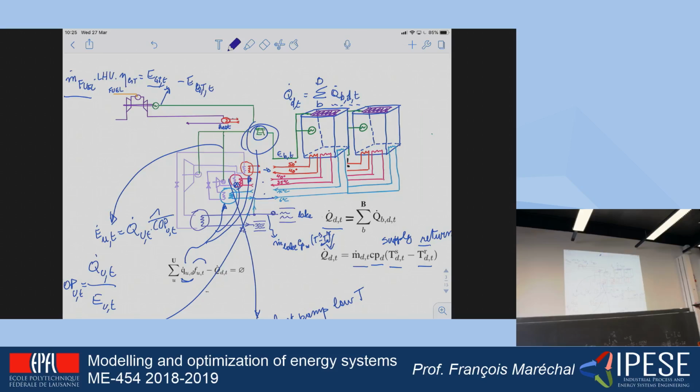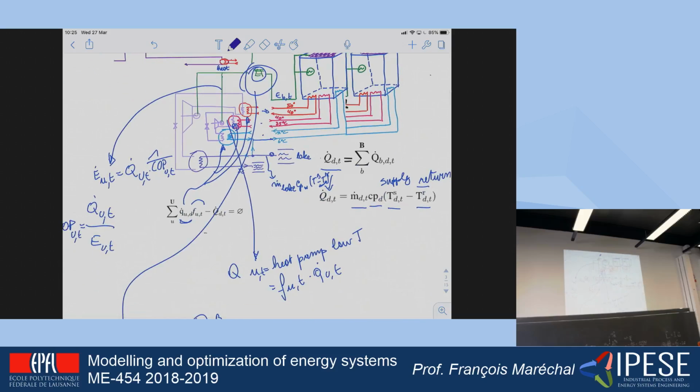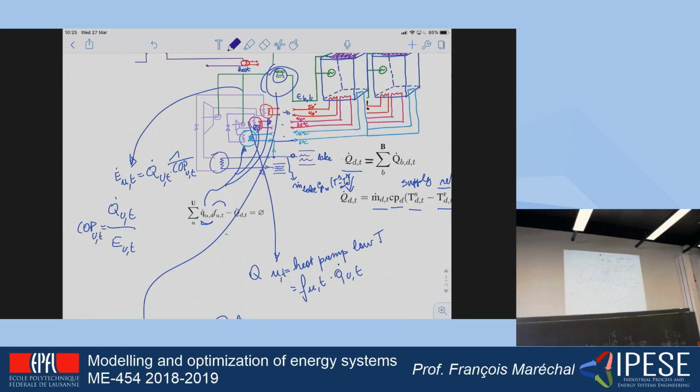And we have been looking at the different units that can be used in order to supply this heat that we have characterized by a unit, and the unit is expressed by a certain amount of heat that it is going to supply.